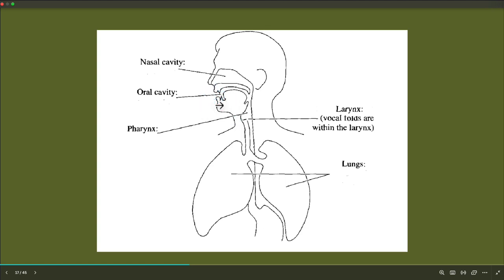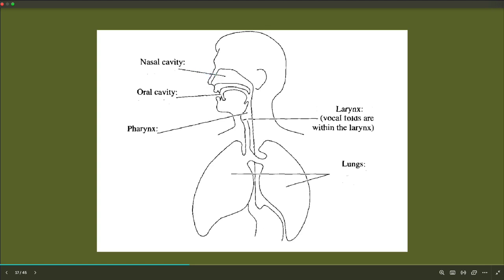The oral cavity is your mouth. It's where most of the shaping of speech sounds happens. By moving your tongue, lips, and jaw, you can produce different sounds, like the difference between cat and cot.